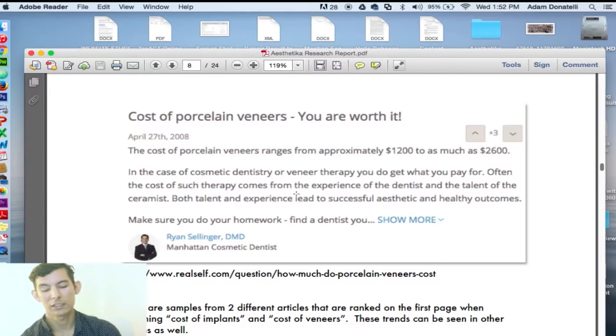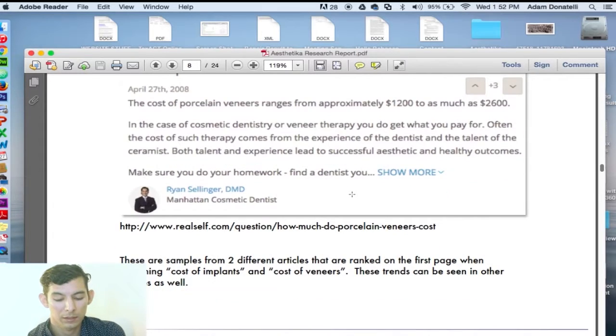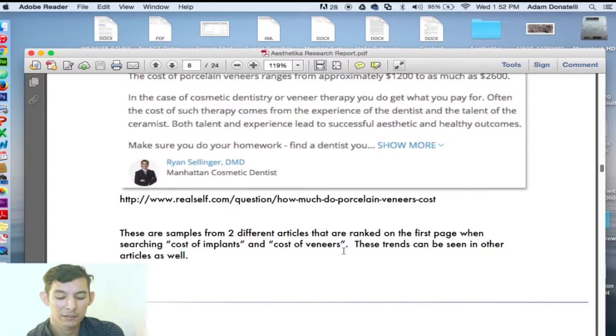Both talent and experience lead to successful aesthetic and healthy outcomes. All right, this is coming from a cosmetic dentist, which is very valuable advice, and probably advice that people are going to take seriously and follow through. Next, that kind of ties into branding and positioning.